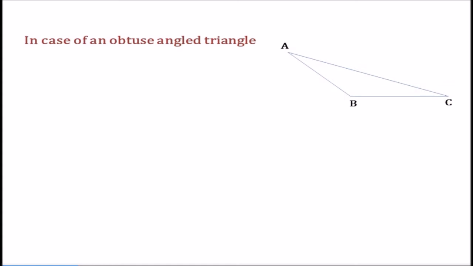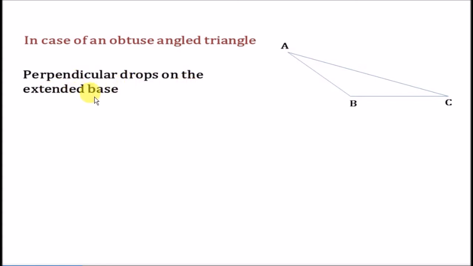So in case of an obtuse angle triangle, the perpendicular will drop on the extended base. So let's extend our base BC and then draw our perpendicular, let's say AD over BC. So the perpendicular in an obtuse angle triangle has been drawn on the extended base.